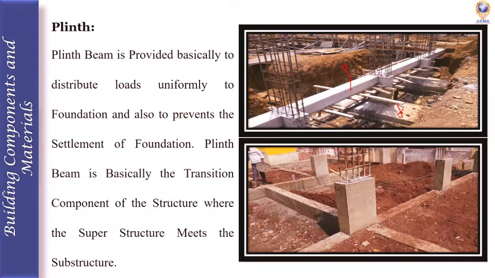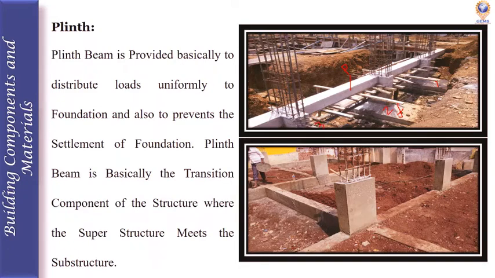So the load from the superstructure is distributed to the foundation. So without the plinth beam, what will happen? Sometimes the load distribution may not be equal in all the foundations. Suppose this is one foundation, this is a second one, and this is a third one.